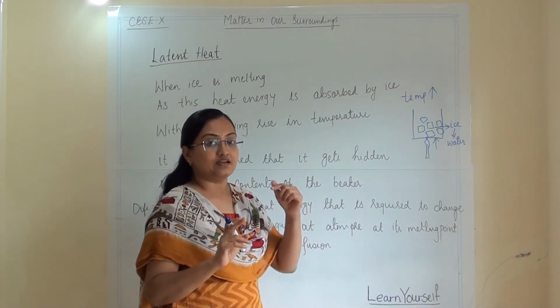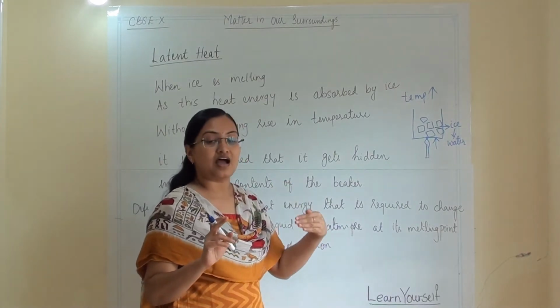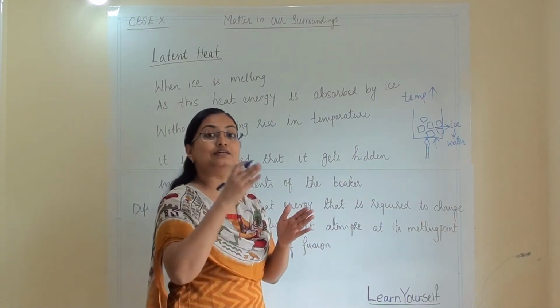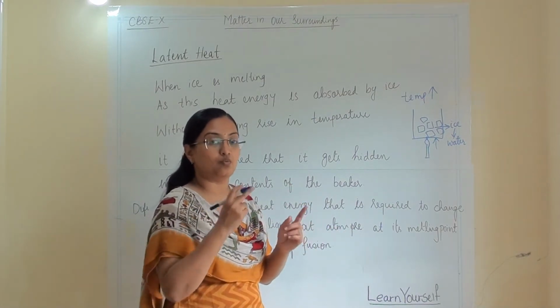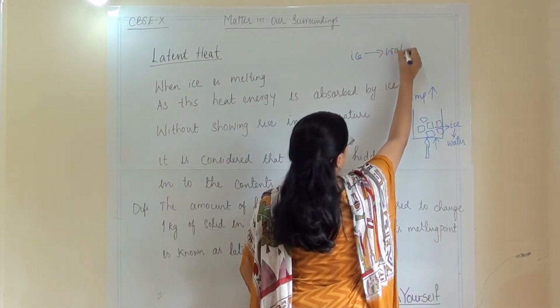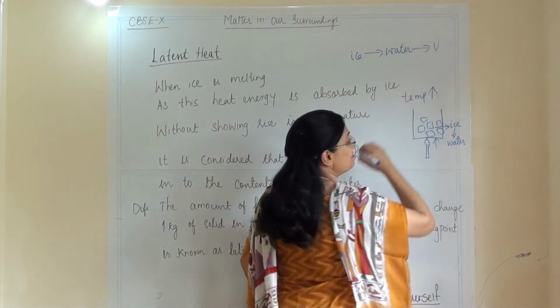After the point when the ice has started melting and becoming liquid, until the next state is achieved, the ice will become water and then it will become vapor.